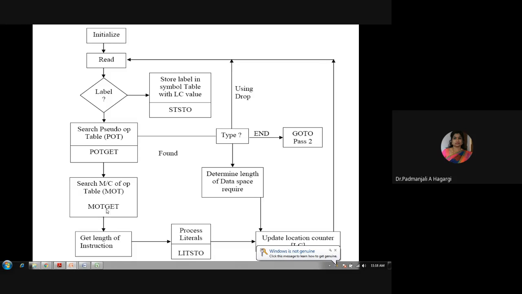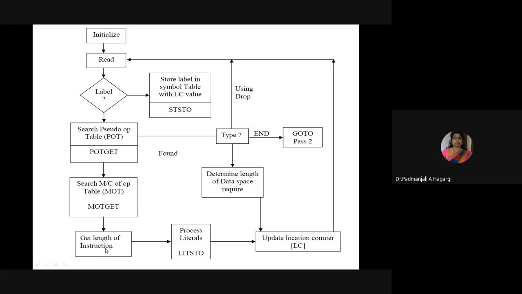So it uses the get operator to get the instructions of the machine operation, that is the opcode table, and the length of the instruction, like 1 or 2. Based on the length of the instructions in the machine operation table, their information is taken and processed for the literals.